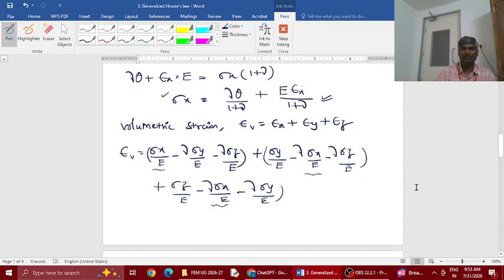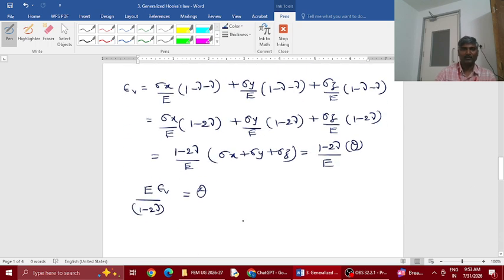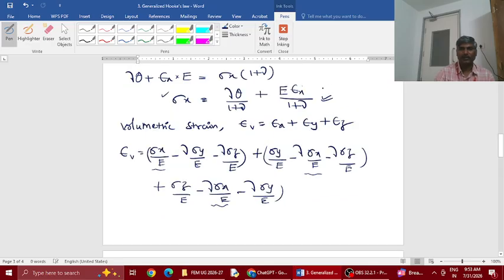Sigma x is equal to nu theta by 1 plus nu plus E epsilon x by 1 plus nu.